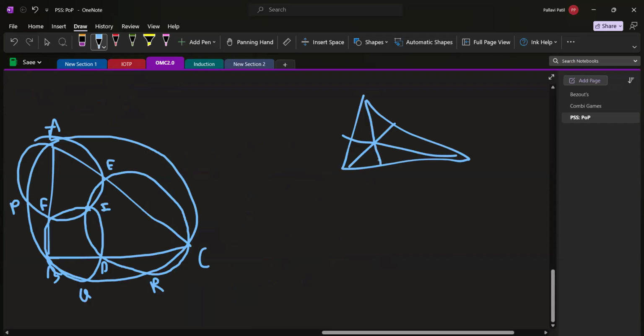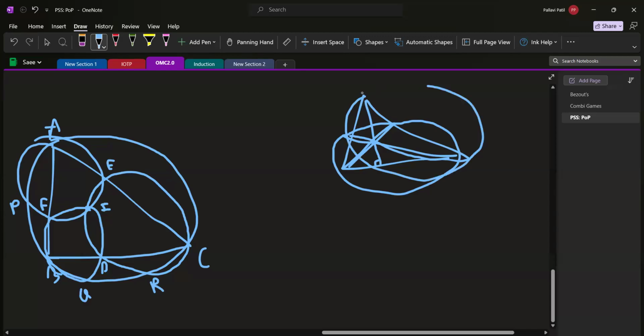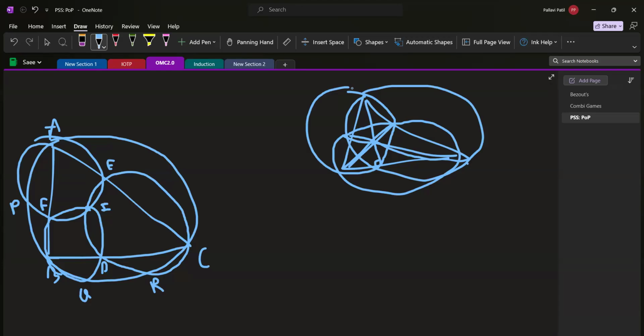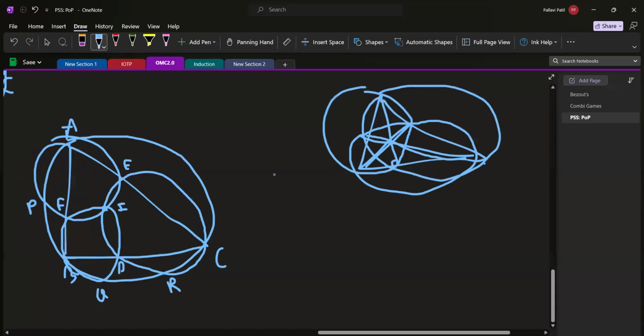Recall that in the orthocenter configuration, one way to show that these are concurrent is to look at this circle, this circle, and this circle, and look at their radical axes. We could maybe draw 3 circles with diameter AD, BE, and CF.